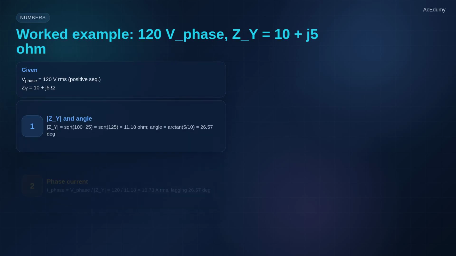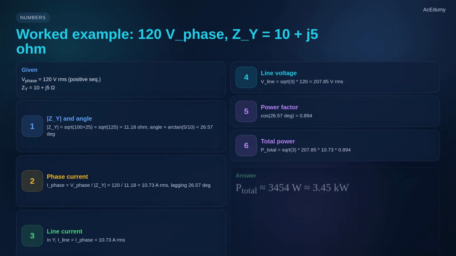Let us put numbers on it. Take a balanced Y source with phase voltage 120 volts RMS, positive sequence. Each leg of the Y load is ZY equals 10 plus j5 ohms. First, the magnitude and angle of ZY. The magnitude is the square root of 125, which is 11.18 ohms.